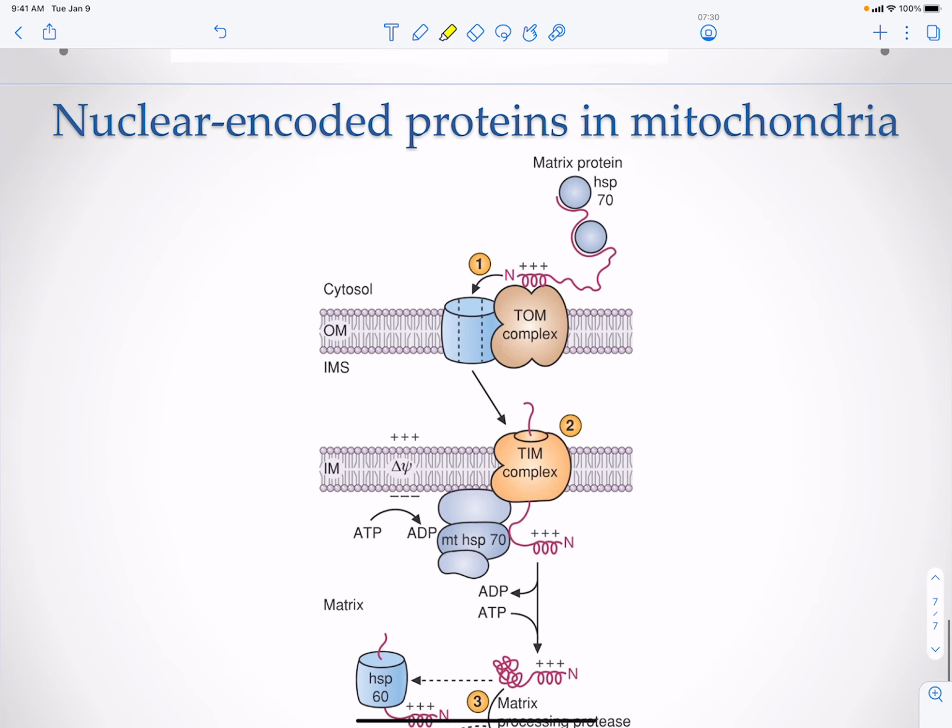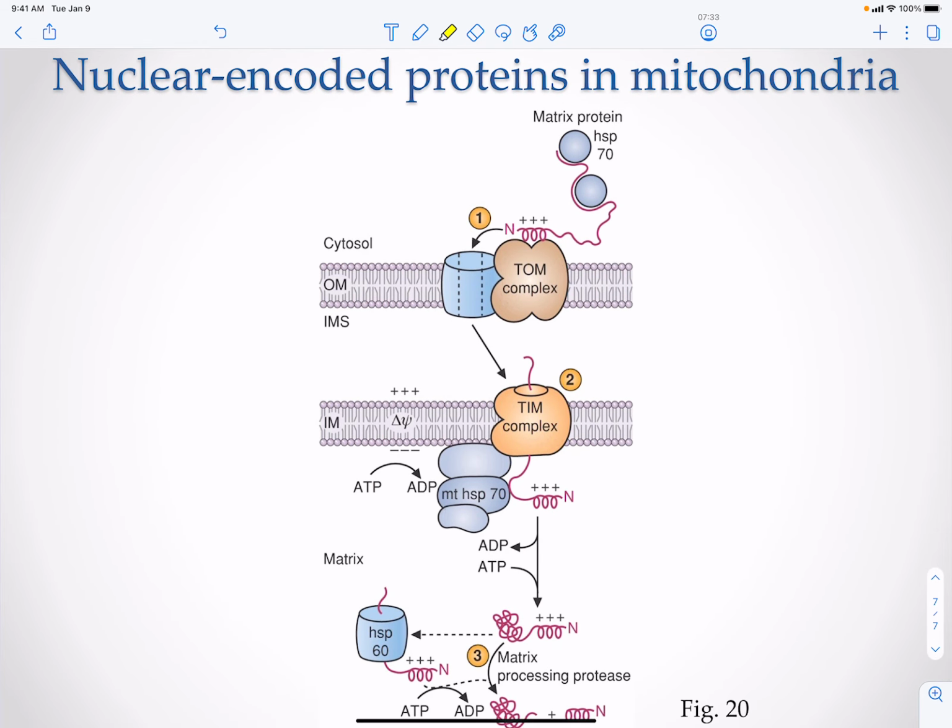Now, just as a side note about regulation, we also have our nuclear proteins. The mitochondria does have their own DNA, but the mitochondria relies a lot on cellular DNA. So in the cytosol, you're going to have proteins encoded from the DNA that are going to be translated on free ribosomes.